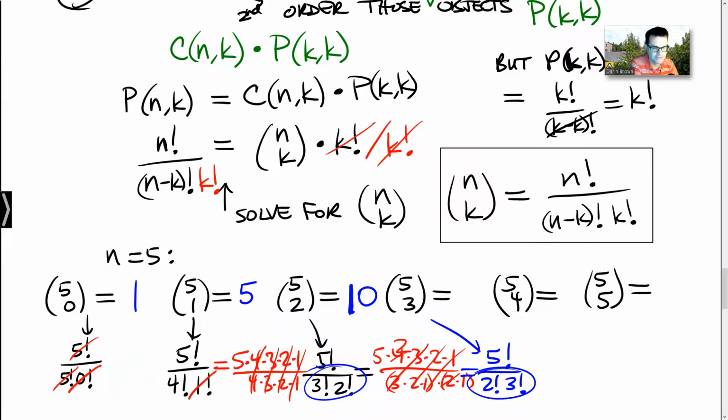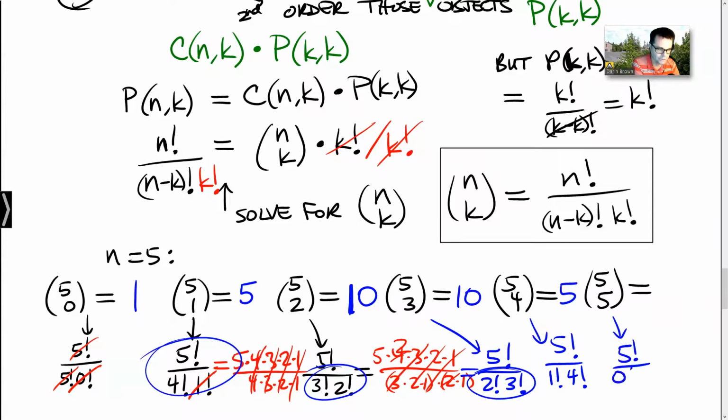So 5 choose 3 is the same as 5 choose 2. 5 choose 4 is going to be 5 factorial over 1 factorial, 4 factorial. So it ends up being the same thing as this, which turned out to be 5. 5 choose 5 is 5 factorial over 0 factorial, 5 factorial. So you see there's a symmetry to the numbers here.